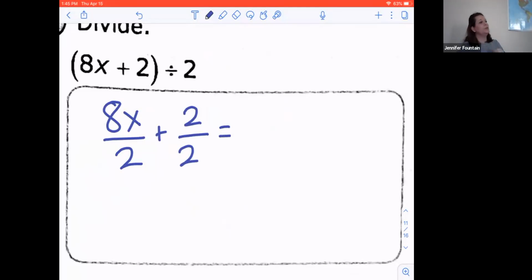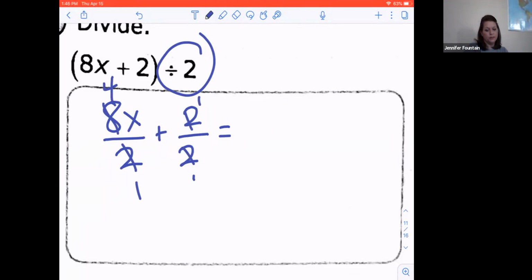I've taken each term inside the parentheses, put it in the numerator, and the number that I'm dividing by has become the denominator of both. So I can see that 2 divided by 2 is 1, 8 divided by 2 is 4. I don't have any x's to cancel. And 2 divided by 2 is 1. So I have 4x plus 1.